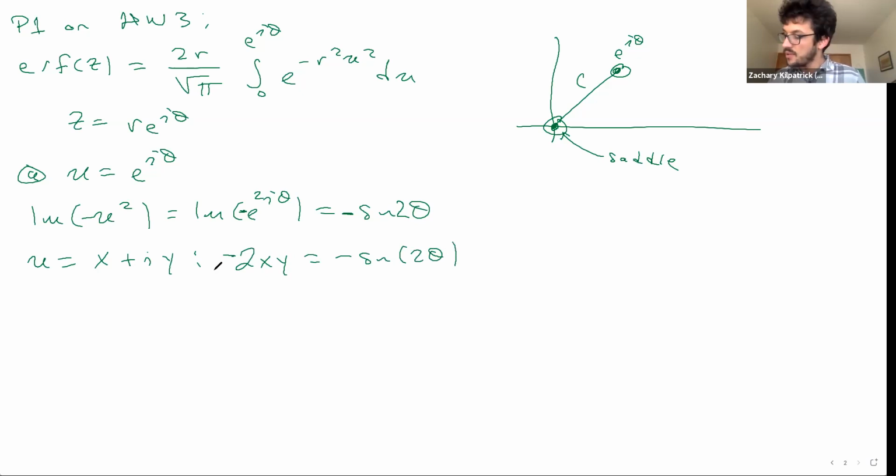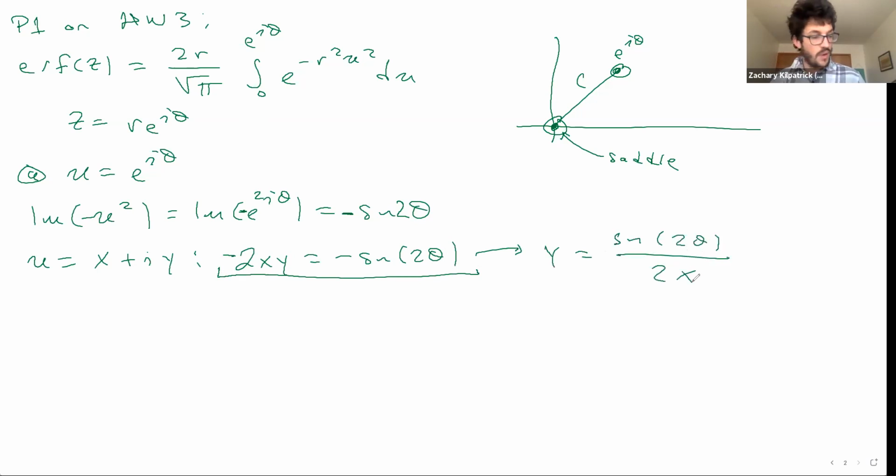Okay. So this now is your steepest descent curve in Cartesian coordinates, right? So y is equal to sine of 2 theta over 2x here. And because they both start positive, we need that x and y are going to be positive in this case.